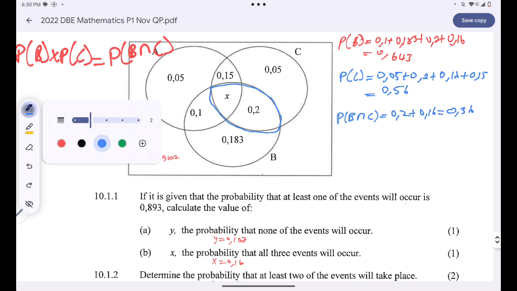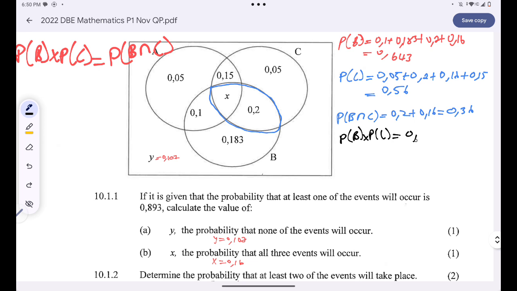So let me check. Probability of B multiplied by the probability of C, I'll have 0.643 multiplied by 0.56. This will give me 0.36008. This can be rounded off to 0.36.